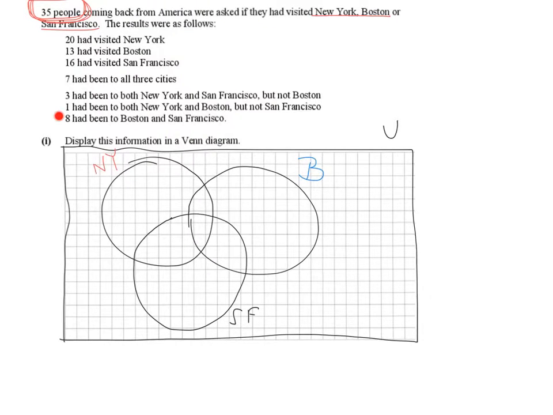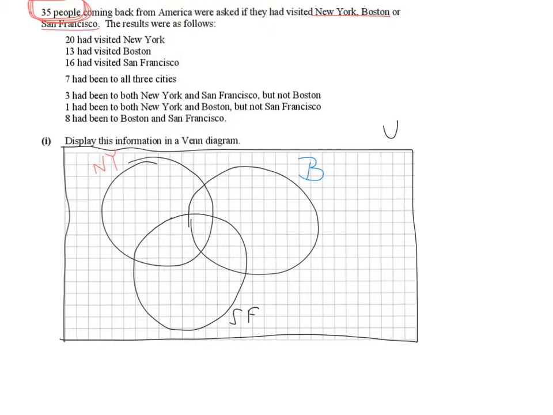We have lots of information in here, but where to start? We know that 20 people visited New York, 13 in Boston, 16 in San Francisco, 7 have been to all three cities, 3 New York and San Francisco but not Boston, 1 New York and Boston but not San Francisco, 8 Boston and San Francisco.